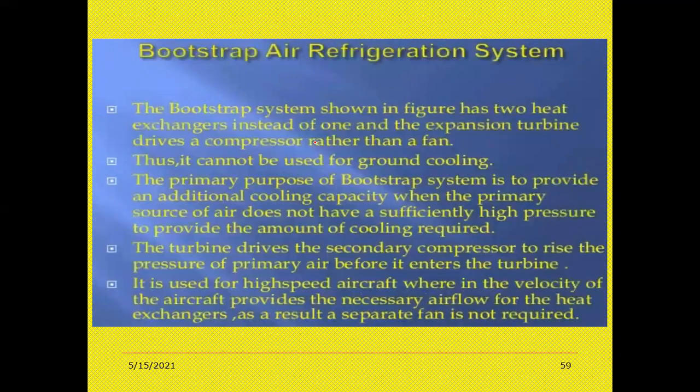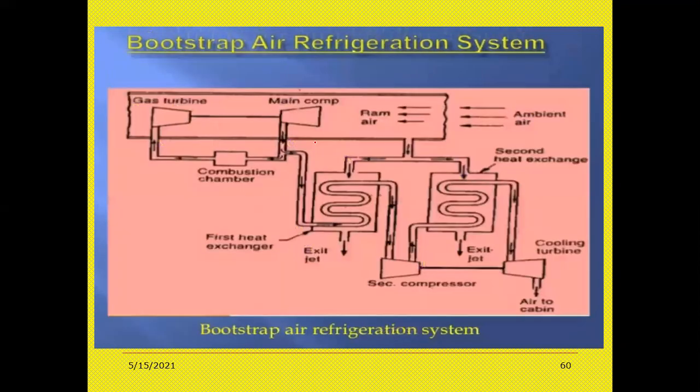Next, coming to the Bootstrap air refrigeration system. The Bootstrap system has two heat exchangers instead of one. So in the Bootstrap you have one heat exchanger and a second heat exchanger, whereas in the simple type of air refrigeration you have one heat exchanger.